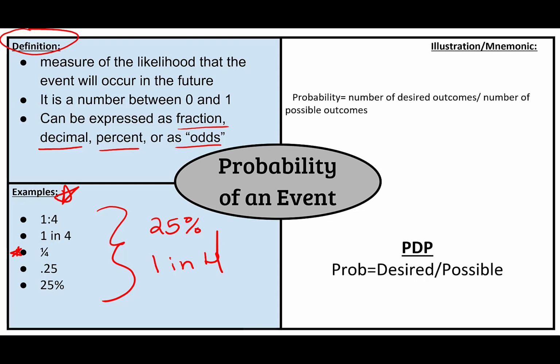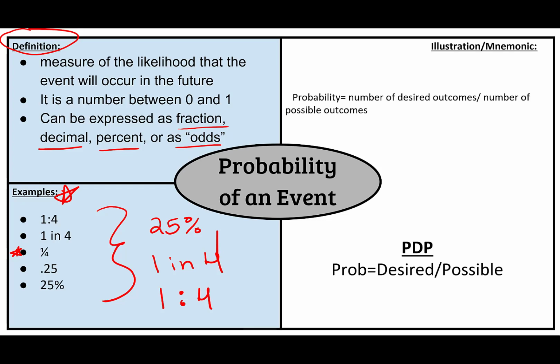Or you will have a successful make every 1 out of 4 attempts, right? So there's a variety of different ways that we can talk about the probability of an event happening, how often we think something's going to happen.